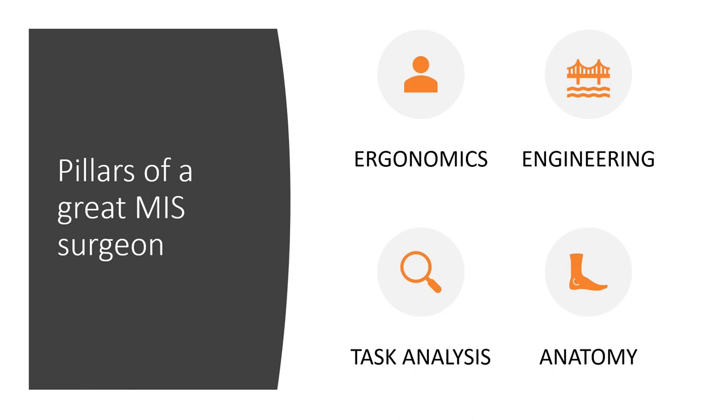We need to understand engineering, which means you have to understand the equipment and the technology around it. We need to give the task breaking it down into subsets to understand and do it better. And we need to understand anatomy. We've done the anatomy class as well.